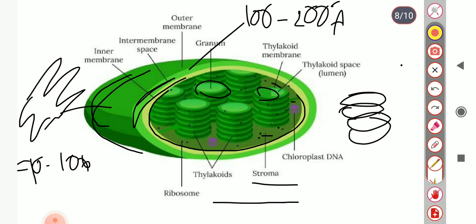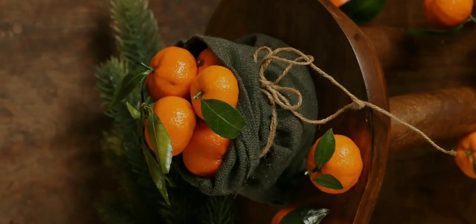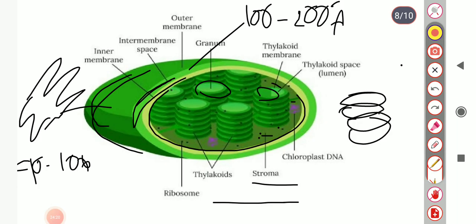Sixth is photosensitivity. Seventh is reducing power. Eighth is synthesis of fatty acid. Ninth, storage of lipid. And tenth is formation of chromoplast. This is all about the function of chloroplast.